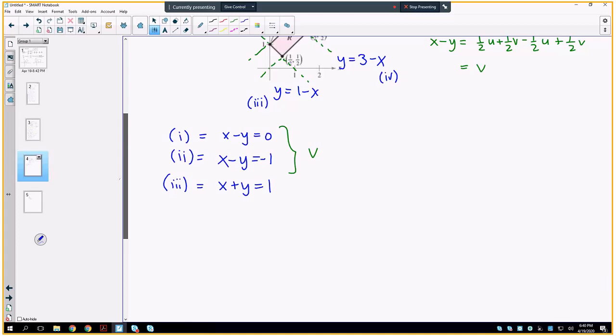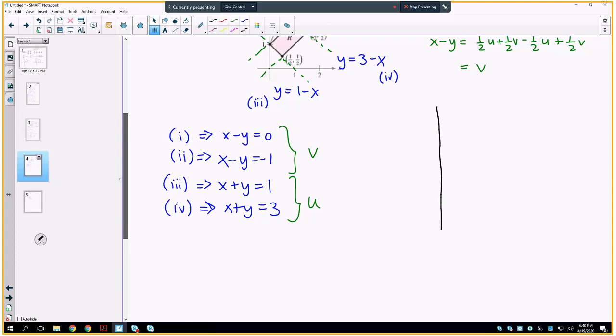So these shouldn't really be equal signs here. Let's make them arrows. From equation 4, I get X plus Y equals 3. And I know that U is equal to X plus Y, so that gives me my bounds for U. And that's pretty much what I needed to know.